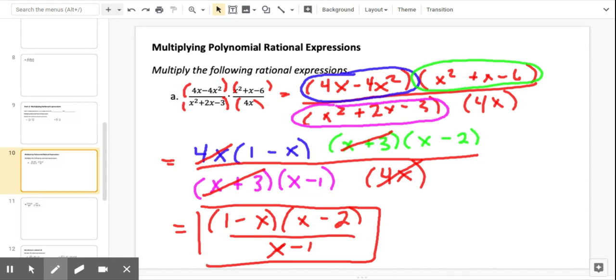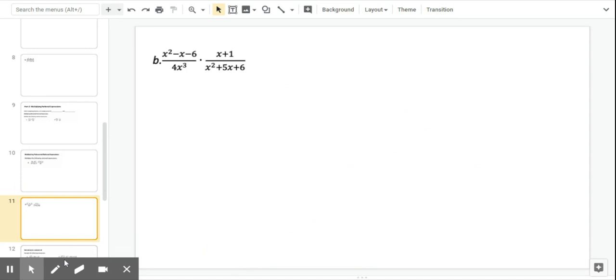This is fine. So just backing up, looking at our steps here, we have to factor everything. So multiply these together. Leave your polynomials in parentheses, then factor each set of parentheses and cross out any like factors in the numerator and denominator. So let's do another one.